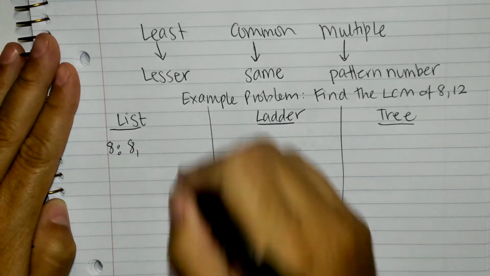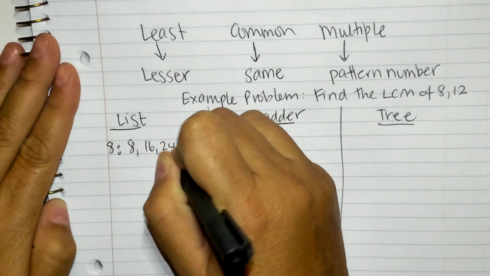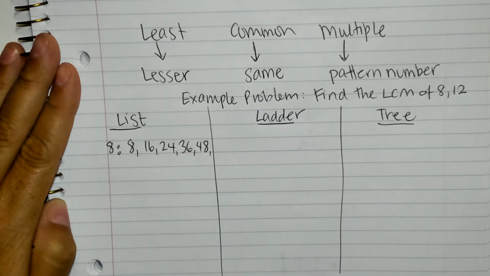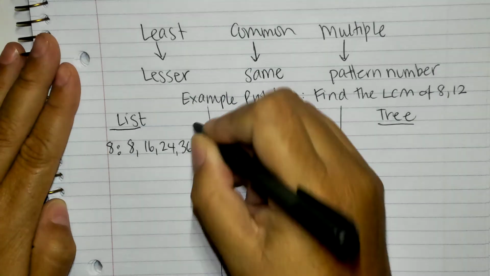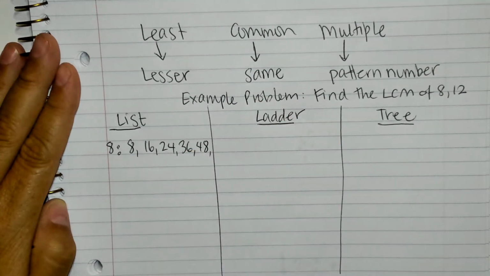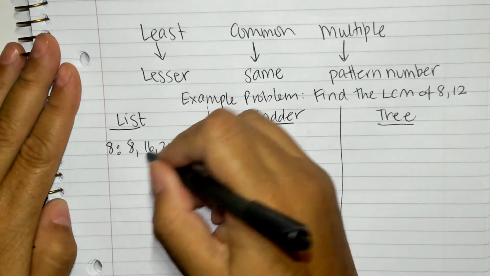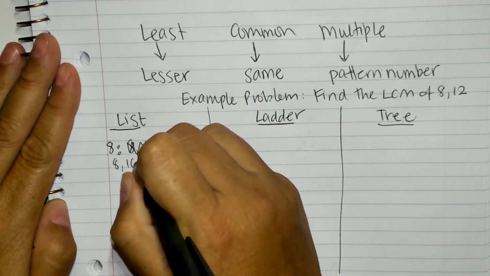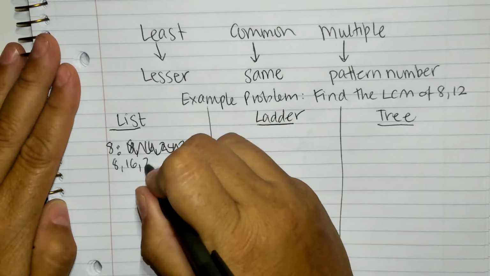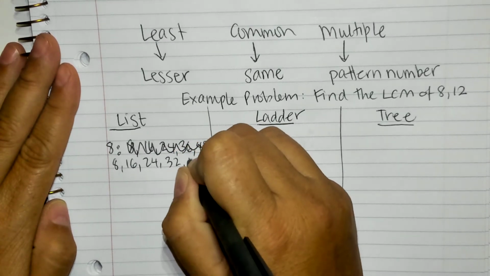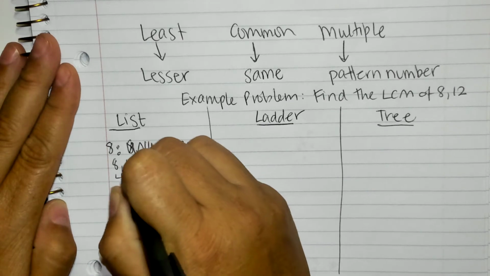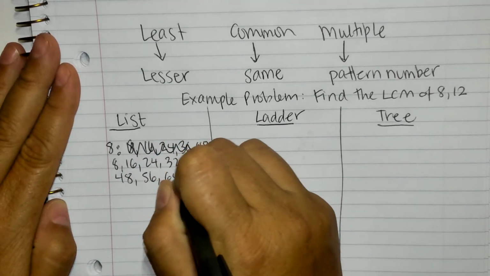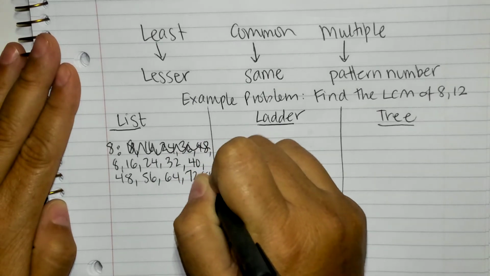8, 16, 24, 36, 48. Oops, I forgot 40. Oh wait, I'm not counting by 8s, I'm counting by something else. Sorry. 8, 16, 24, 32, there we go, 40, 48, 56, 64, 72, 80.